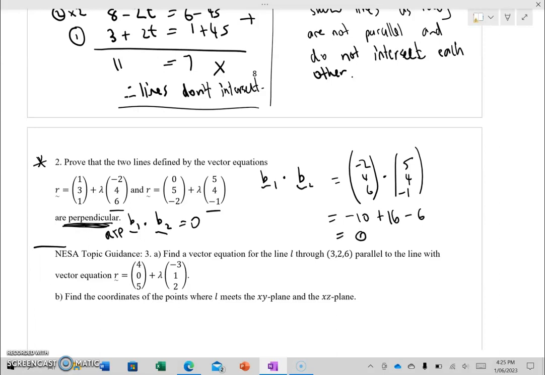And when we do that, we get 0. So because the dot product of the 2 direction vectors is 0, therefore the 2 lines are perpendicular. All right, and there you go.